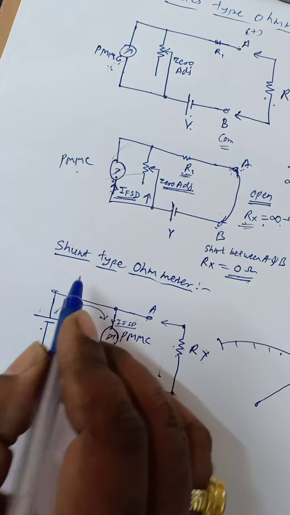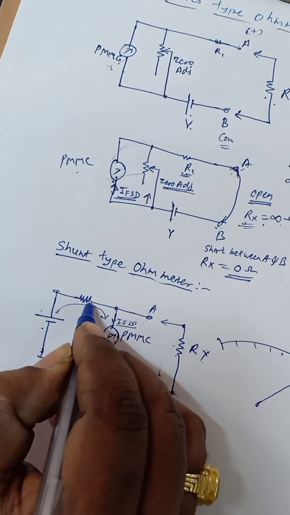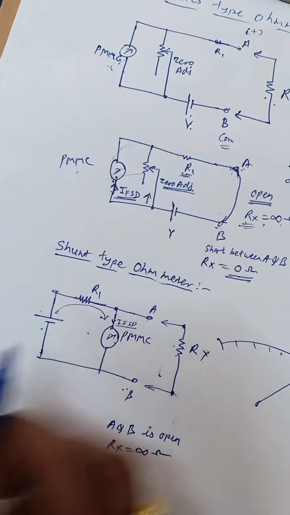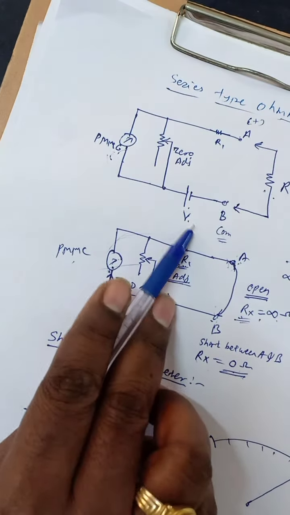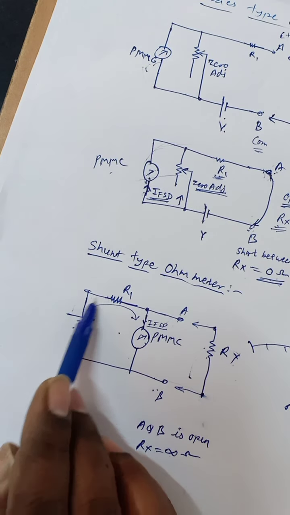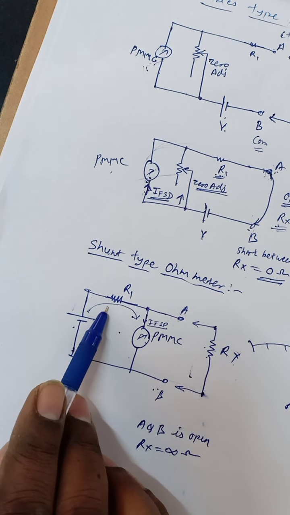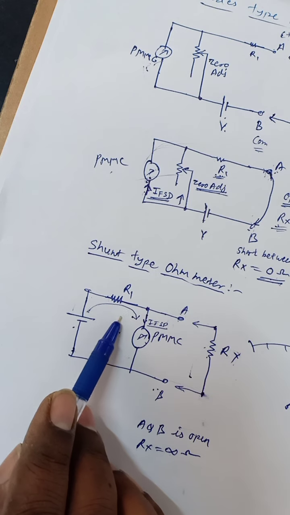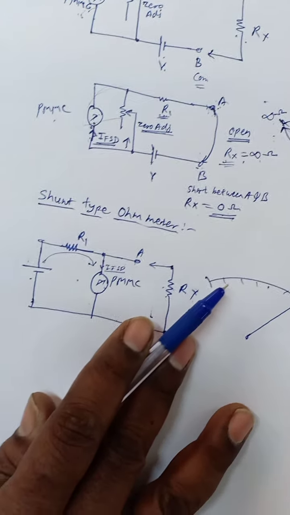So for that purpose we require the series resistance R1 to limit this current. Whatever the use of this R1 and this R1, both are the same, they are used to limit the current, so that the current flowing through this meter should not exceed the hazardous condition, that is more than IFSD.